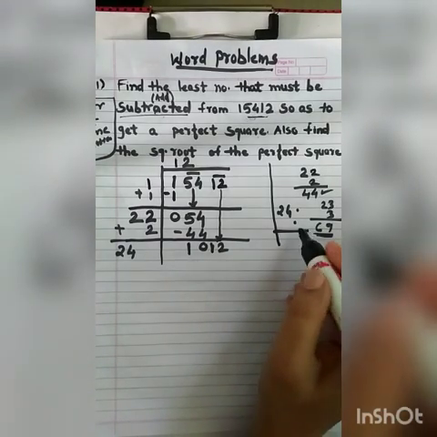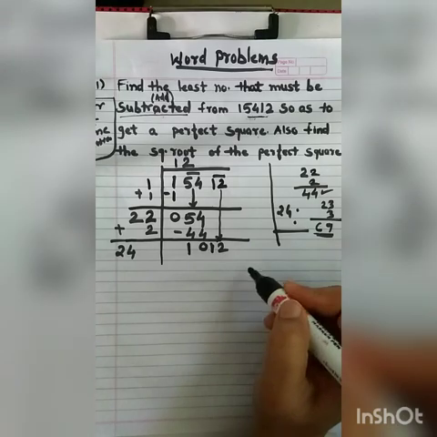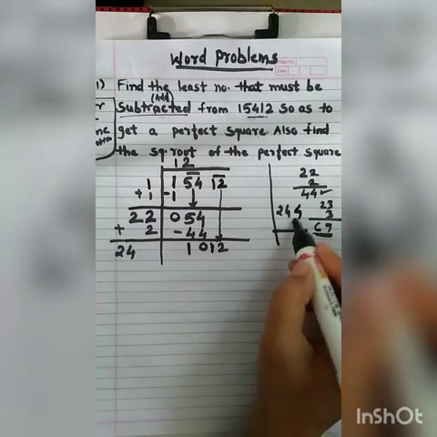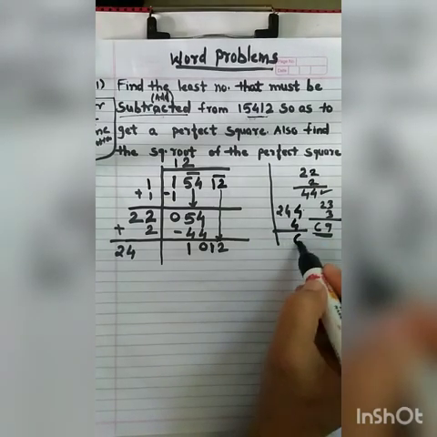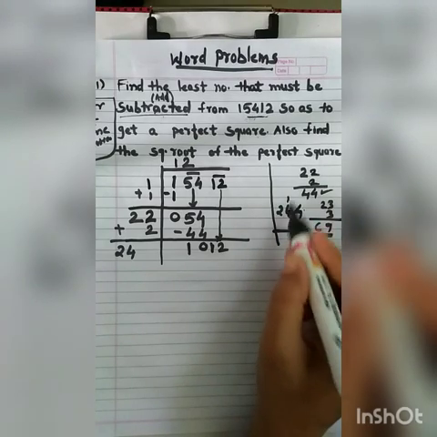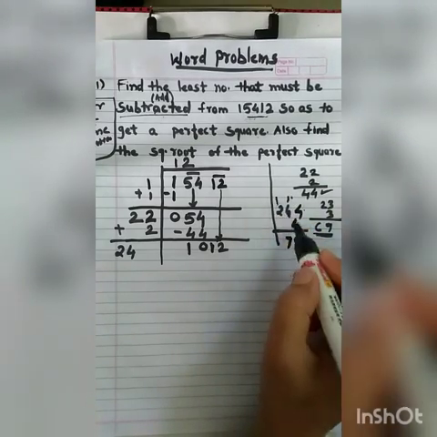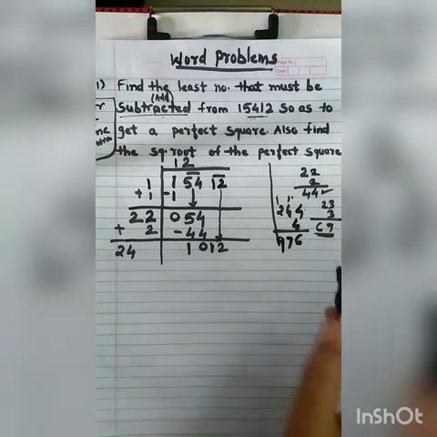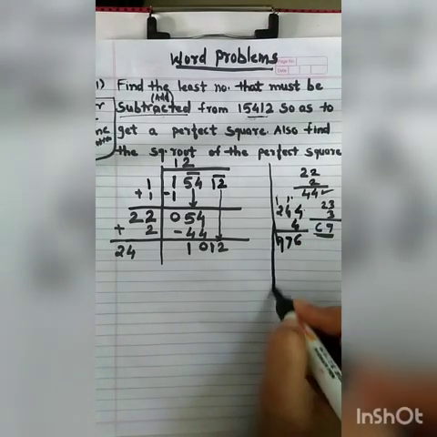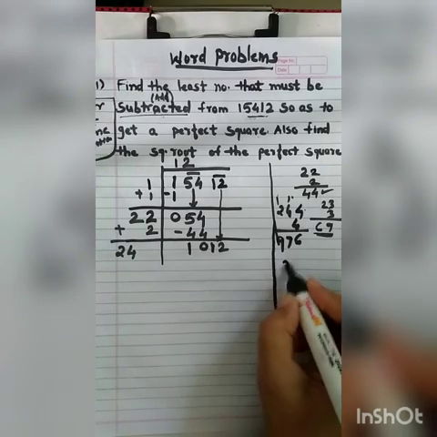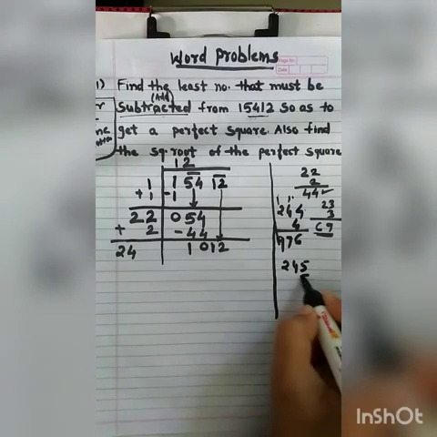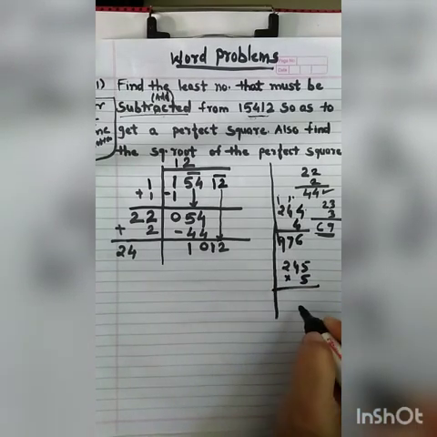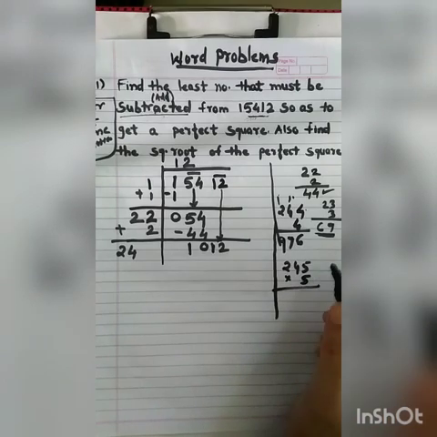Let us go with 4. 4 times 4 is 16, carry 1. 4 times 4 is 16 and 1 is 17, carry 1. 2 times 4 is 8 and 1 is 9. It is 976. If I take 5, it will definitely be bigger.